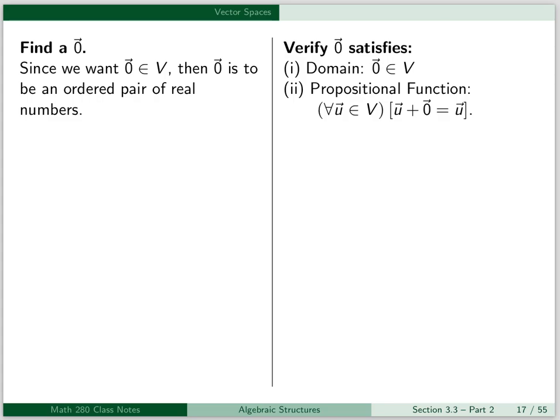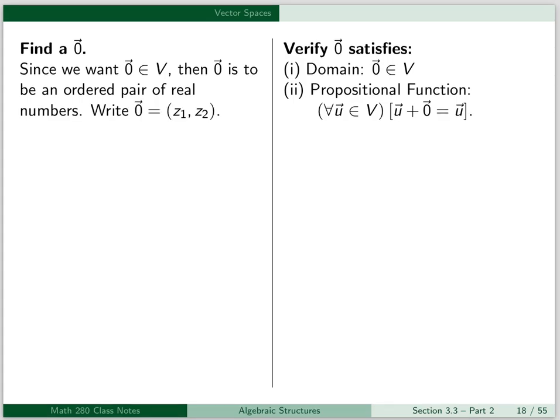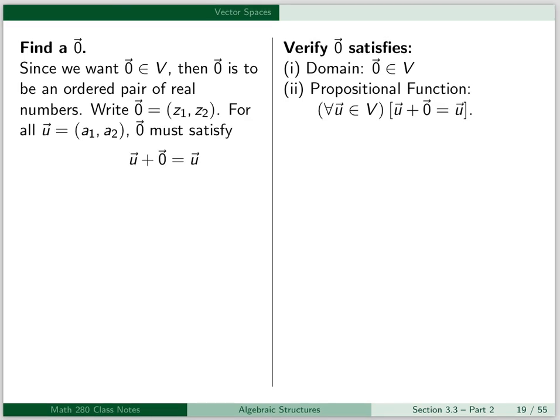Since we want 0 in V, then 0 is to be an ordered pair of real numbers. So we can write 0 equals (z1, z2), where z1 and z2 are the two real numbers that we're looking for. Now for all u equal (a1, a2), 0 must satisfy the propositional function, which is u plus 0 equals u.